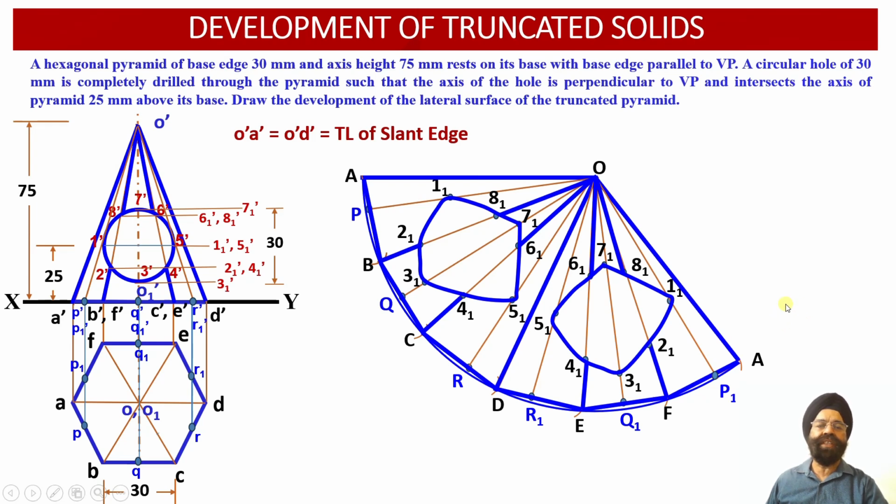So I hope that through this discussion you would have understood the procedure to obtain the front view projections, the top view projections and the development of lateral surface of the truncated hexagonal pyramid, in such a way that this hexagonal pyramid has been intersected by a circular sectional plane having diameter equal to 30 millimeter, such that the axis of this hole happens to be perpendicular to the VP and the center of this hole is going to lie onto the axis of this hexagonal pyramid at a distance of 25 millimeter above the base of this hexagonal pyramid.